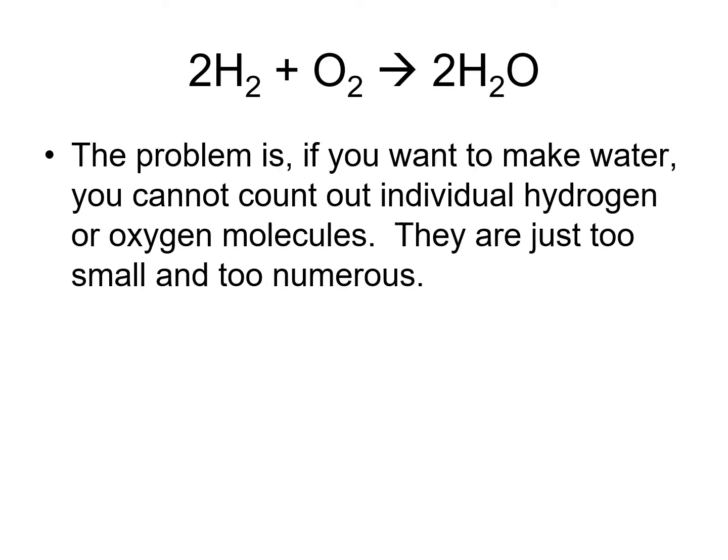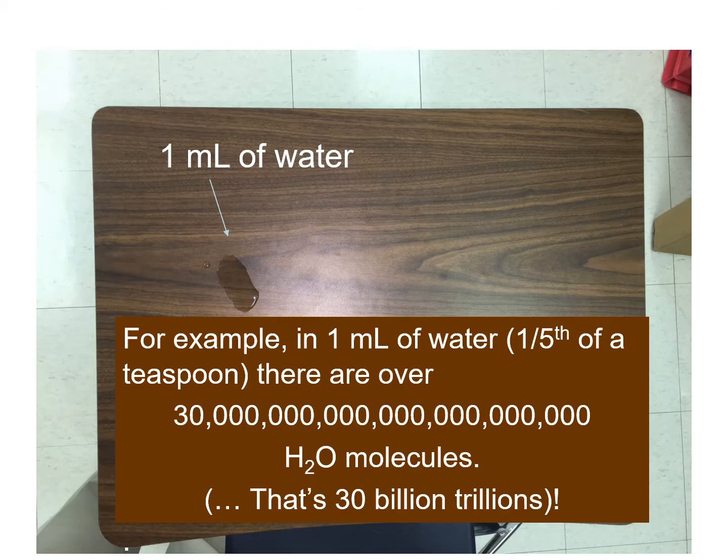Now the problem is, if I wanted to make water, I cannot actually count out individual hydrogen or oxygen molecules. Molecules are just way too small and way too numerous for me to see or count. For example, I spilled 1 milliliter of water, that's 1/5 of a teaspoon, on a student desk.